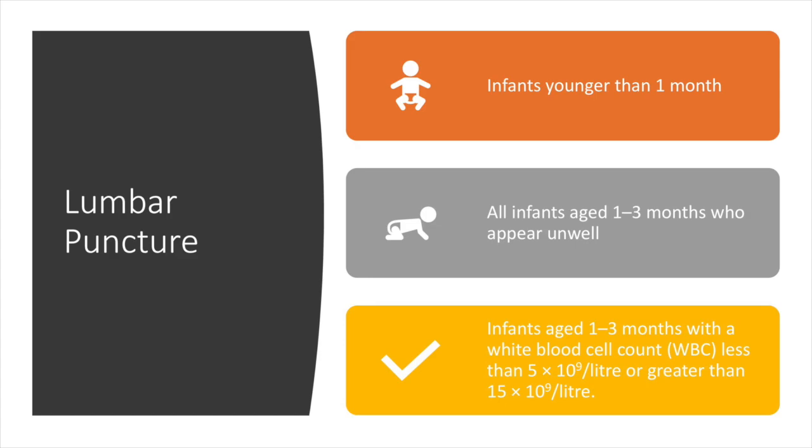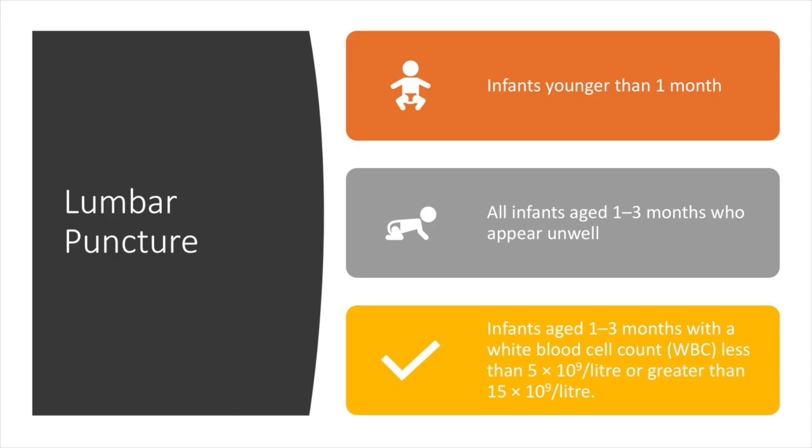But the NICE guidance would advocate that they all have a lumbar puncture, and as a rule of thumb, I would agree with this. And then, likewise, children aged between 1 and 3 months who appear unwell, NICE advocate lumbar puncture. And again, I think this is incredibly reasonable. It then also talks about children between 1 and 3 months with an abnormal white cell count.